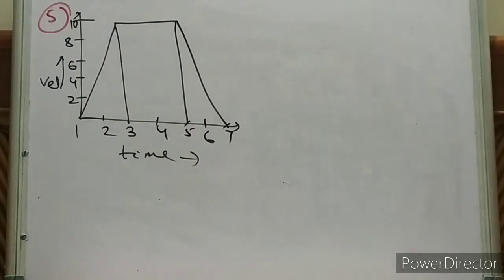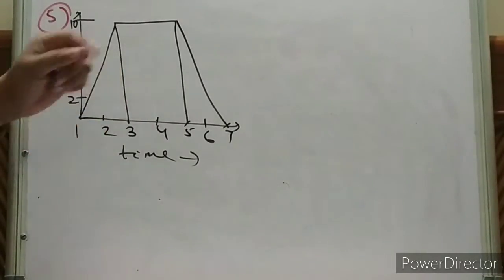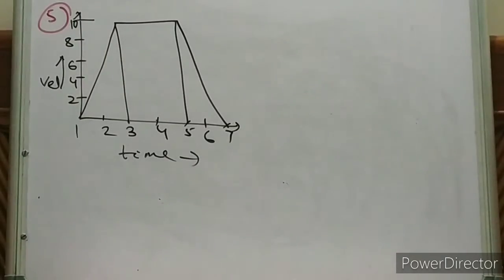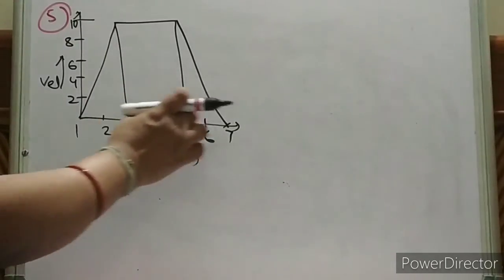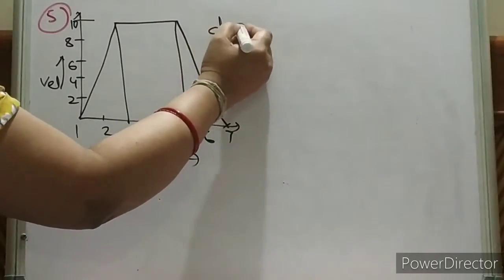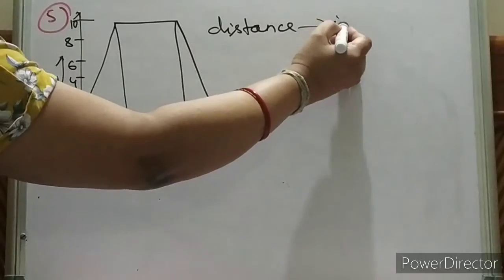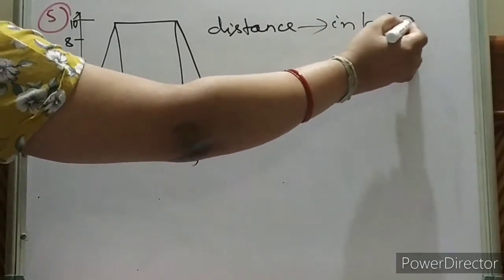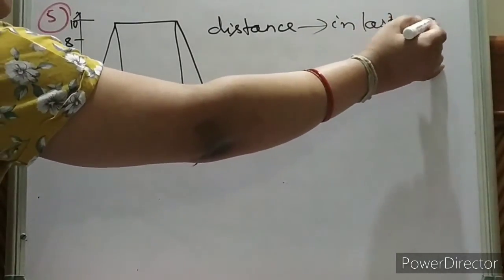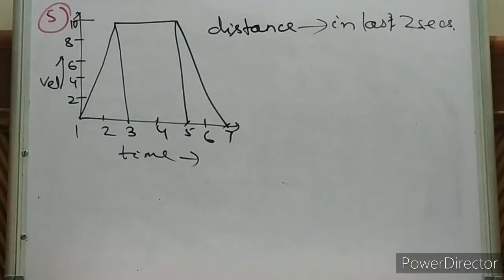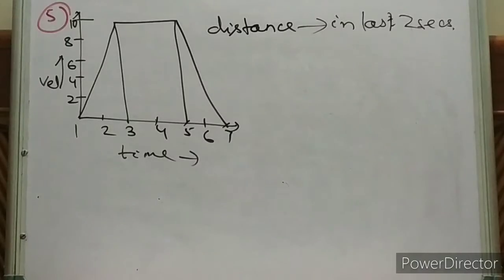Question is like that: for this VT graph, the distance covered by the body in the last 2 seconds of its motion is what fraction of the total distance covered by it in all the 7 seconds. You have to find out.